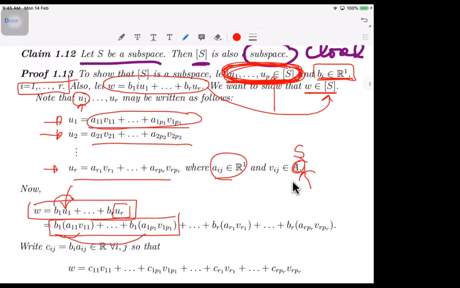This one is substituted for this, and then distribute, you will have this.